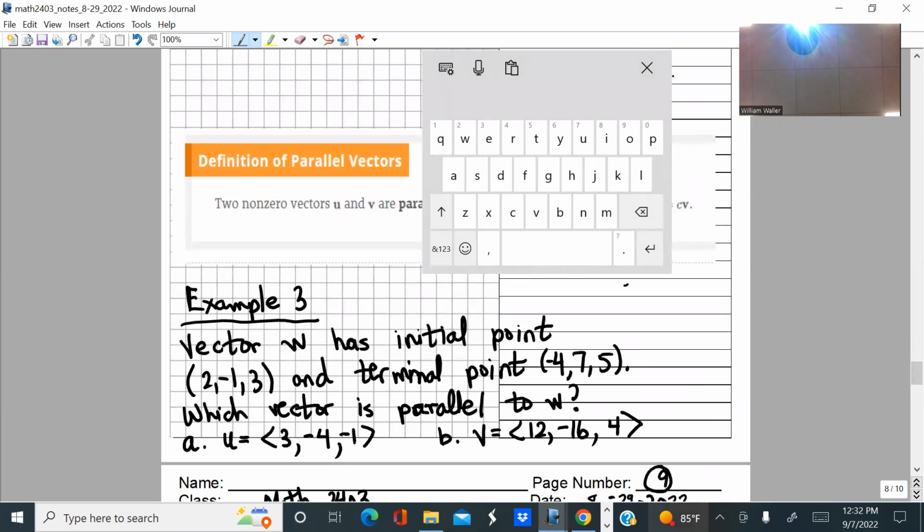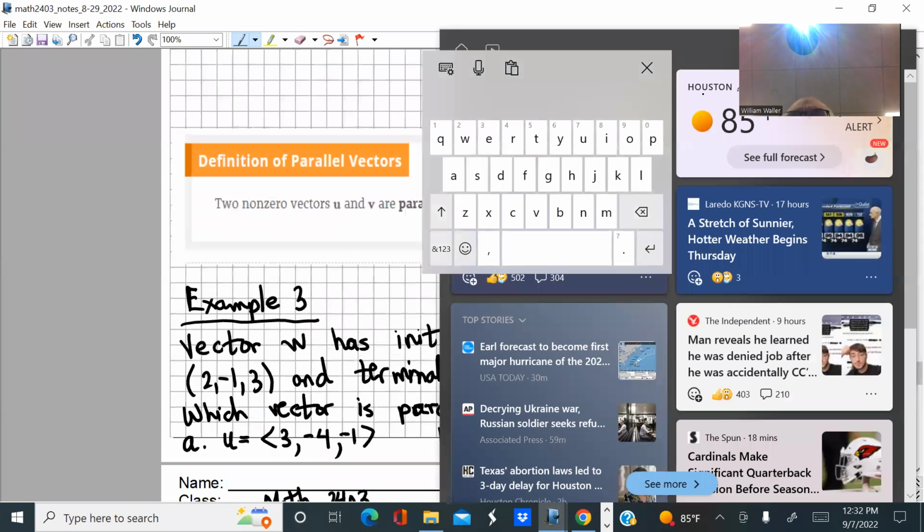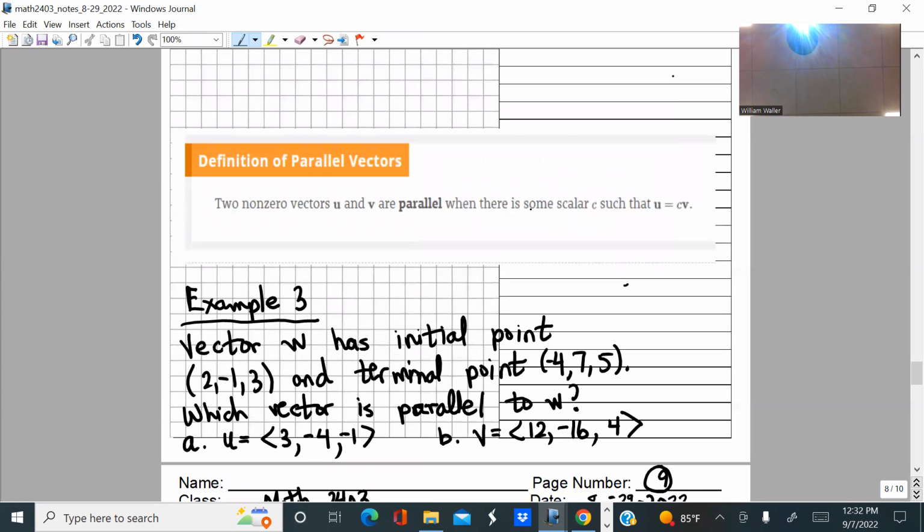All right, let's see if we can answer this question, but I didn't mention the box. So the box is important. Two vectors are parallel. This kind of makes sense, right? Two vectors are parallel if one of them is a scalar multiple of the other.